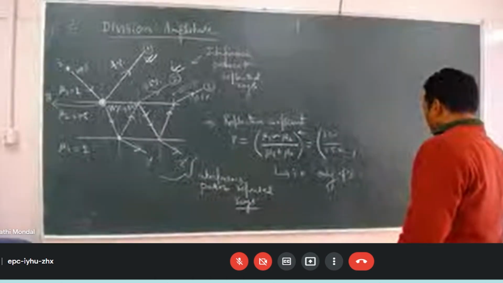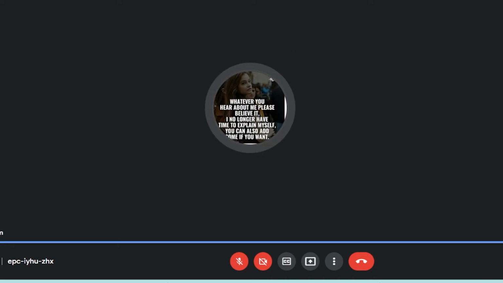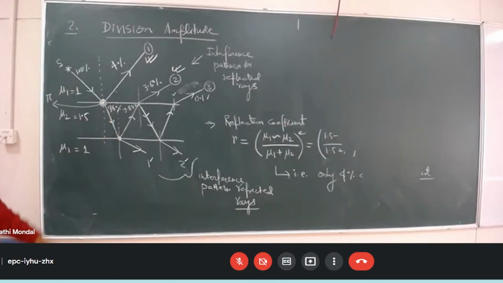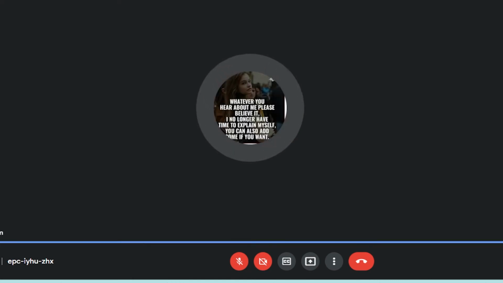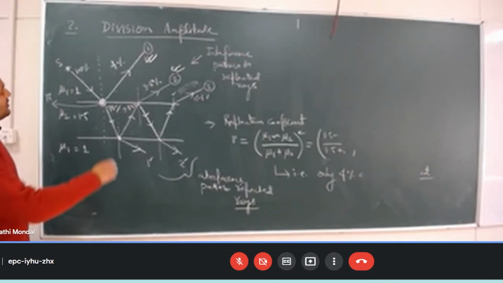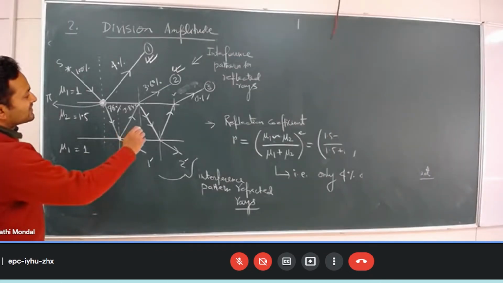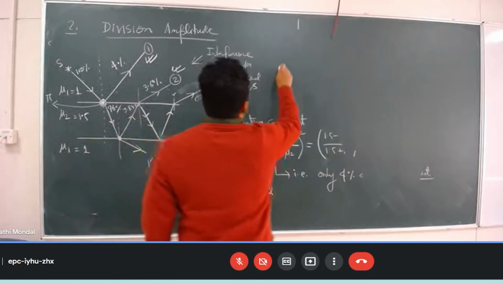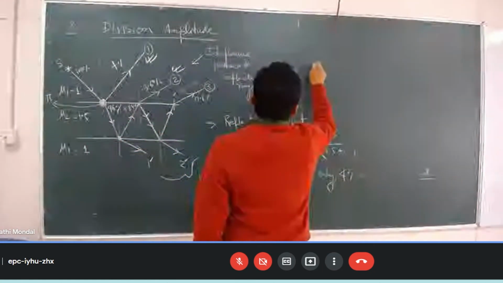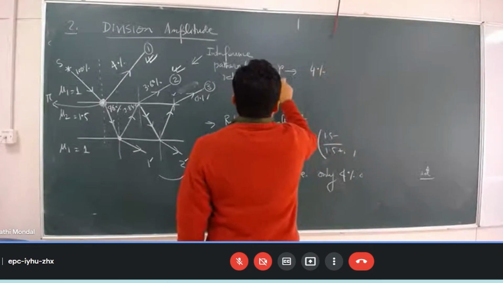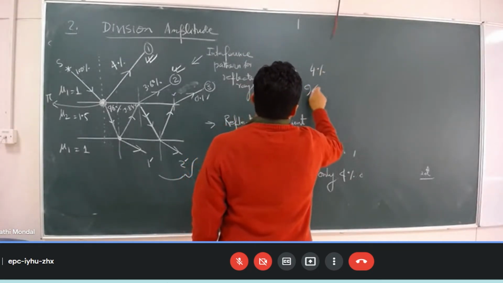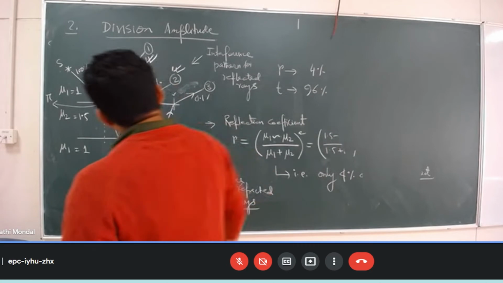Sir, one doubt. Sir, here 4% is reflection and 96% refraction. So the 3.8% that we calculated, how much percent will it reflect? That is what I am saying. The reflection percentage is 4% and the transmission percentage is 96%. That is how it gives you 100%.